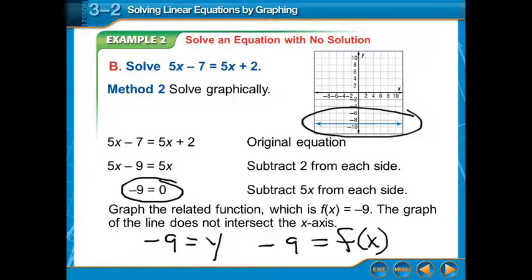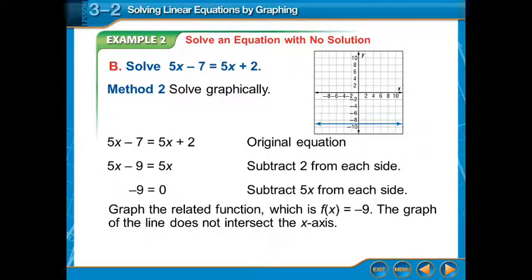Whenever you've got that 0 there, you can put y in its place and it'll graph as a horizontal line. Therefore, there's no solution. And what they mean by no solution is the fact that there's no x-intercept.